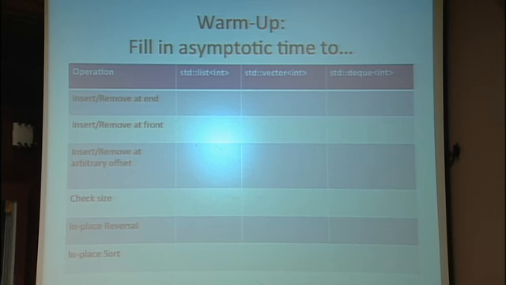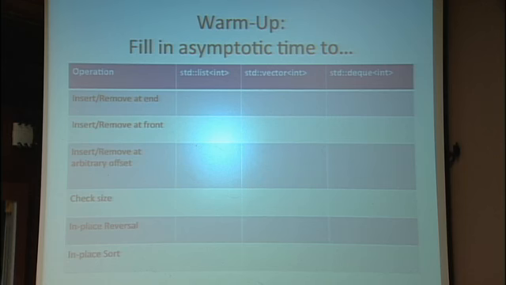So anyone want to compare and contrast what data structure a list corresponds to compared to a vector? So which one would be like a linked list? List, yep. And then vector obviously is a dynamically growing array.